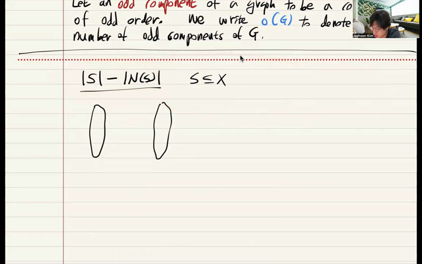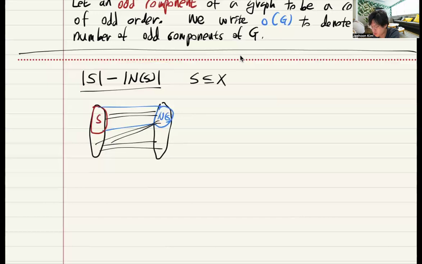So what's happening? You have, say, S here, and you have the neighborhood of S, and possibly there are edges here and here and here and here, but no edges between these two. Then if this one is smaller than this one, some vertices here have to be left out.